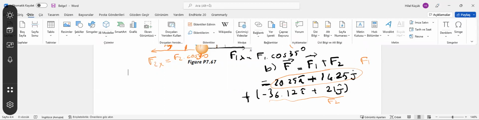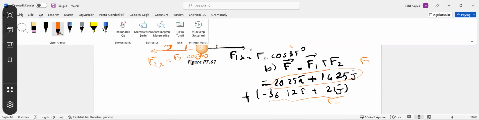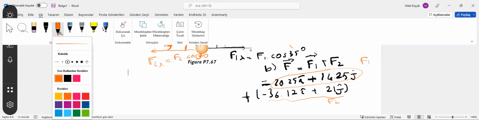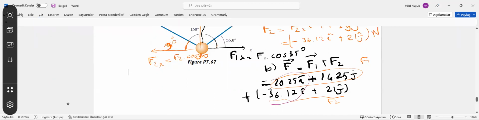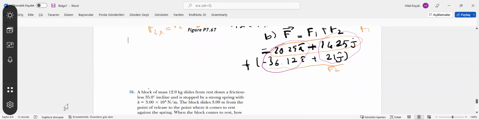Sorry. You need to use the same unit vector, sum that one. You can't sum I and J, different units.